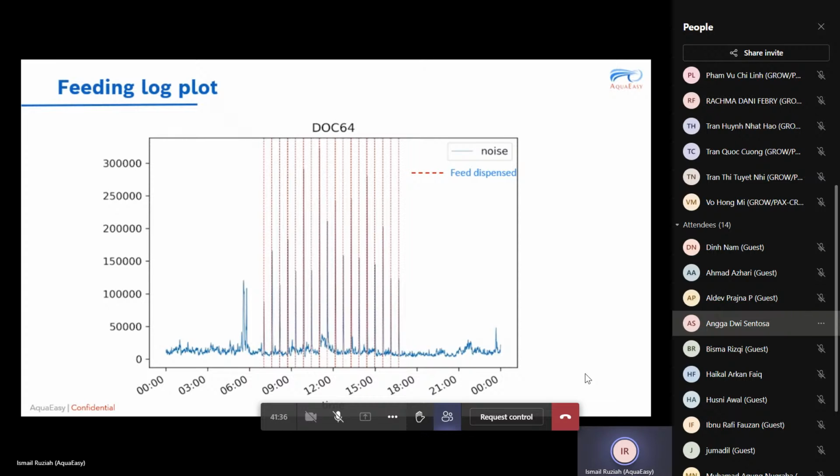So if nothing happens, just regular feeding, you will see 44 peak spikes. The interval between two dispenses is roughly 22 minutes. This is just a mathematical calculation. So these three parameters are very important to configure the iFeeder to work properly.